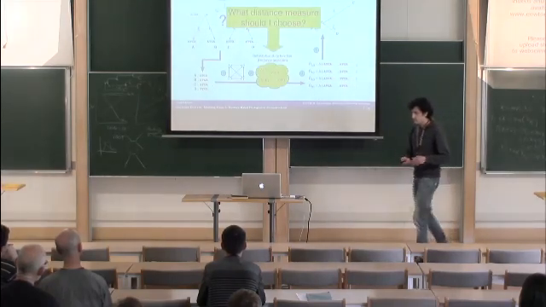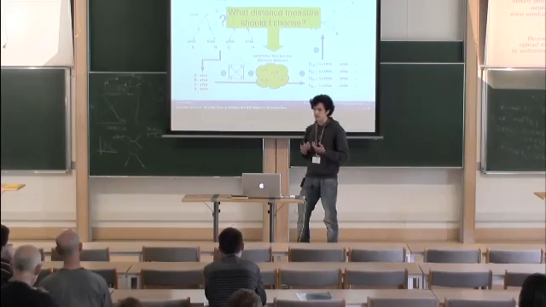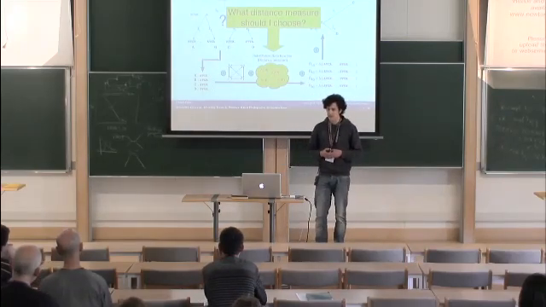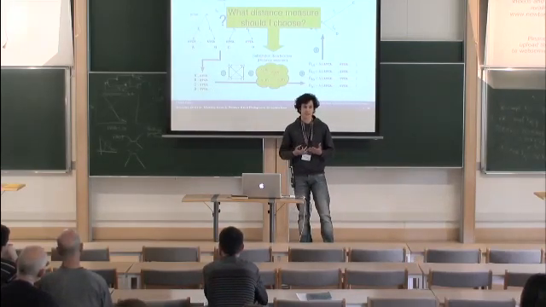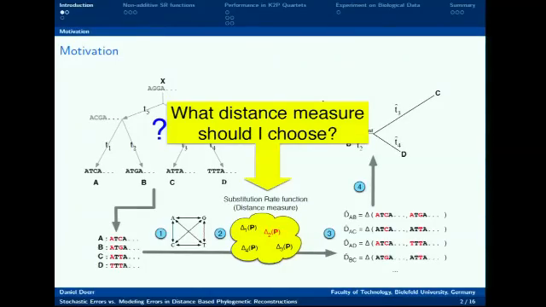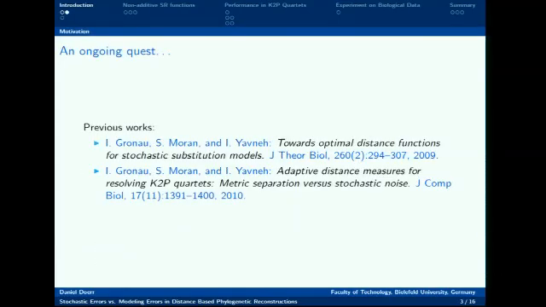So in this project, we are interested in distance measures, and we wanted to find new ways of helping the user to make the right choice in choosing the distance function, because the performance of those distance functions varies greatly, and this results in different accuracy in reconstruction.